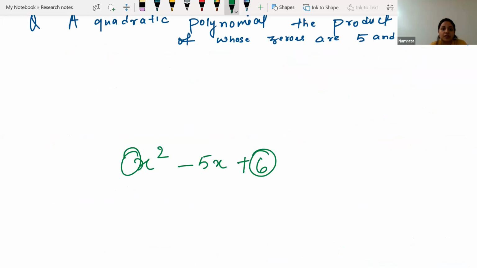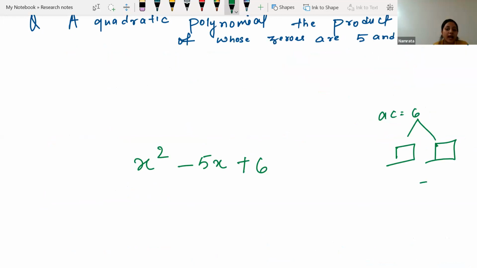Then we try to break AC, which is 6, into two numbers so that by adding or subtracting them we get 5. If we split 6 as 3 into 2, 3 plus 2 is 5, and the middle term we need is 5.